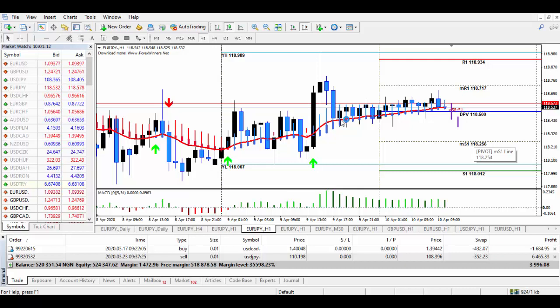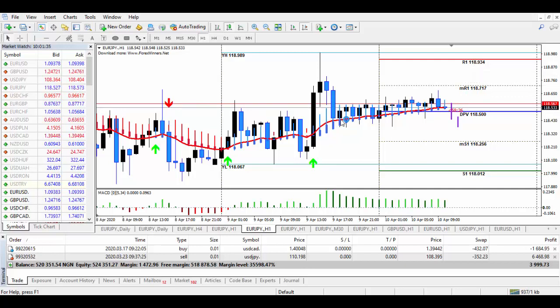Also, if you take a buy trade above here, because you have seen a bullish candle that opens and closes above the DPV, you can look forward to take your profit here. But if you're on your system and you're watching it and this level is broken, why not? You can allow the trade to go higher and higher and take more profits.